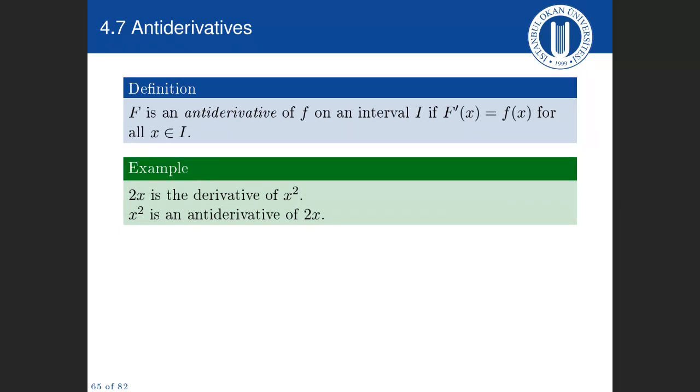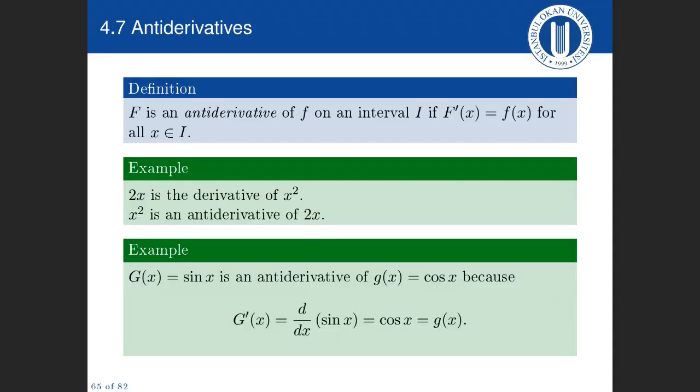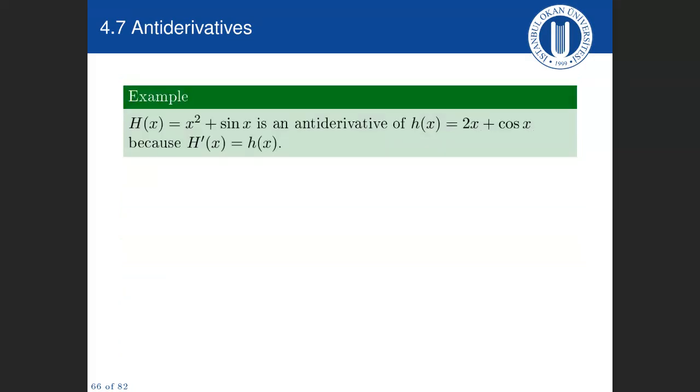So we're just doing derivatives, but we're going backwards. Sine x is an antiderivative of cos x, because if we differentiate sine, we get cos. And we could add these together.